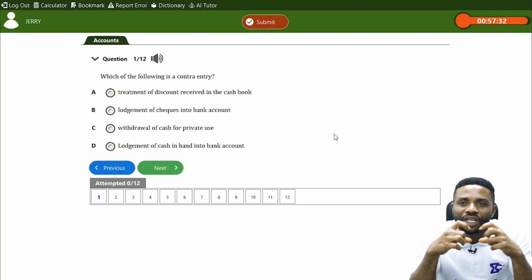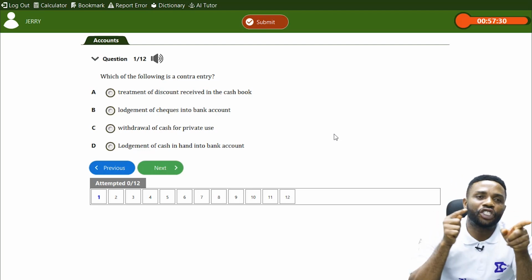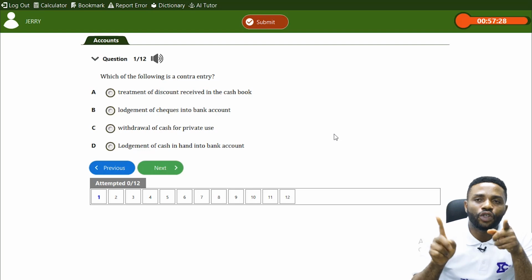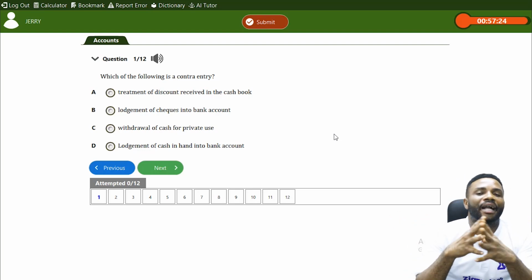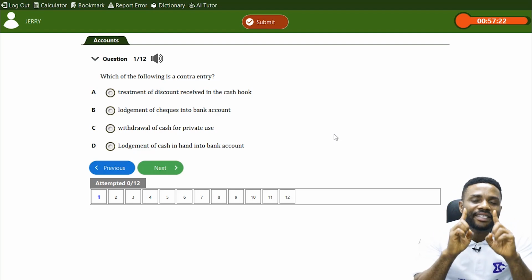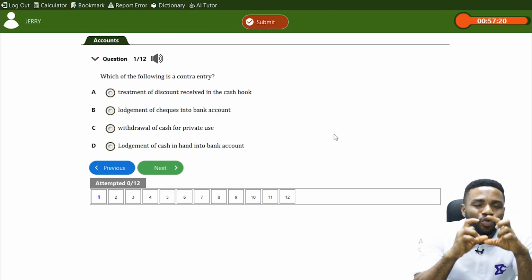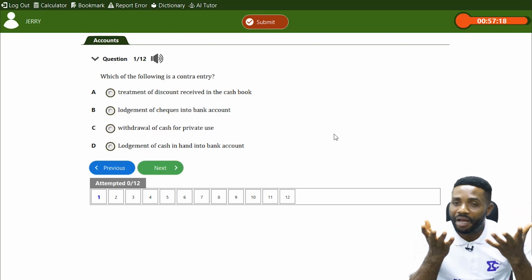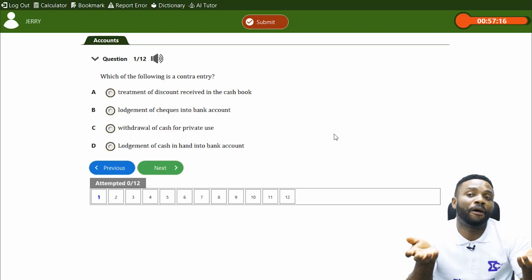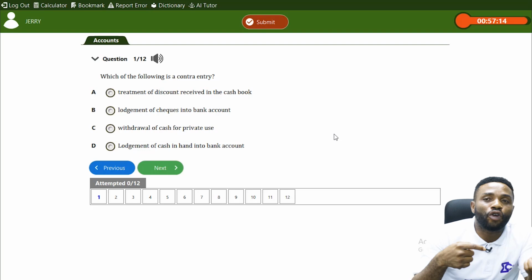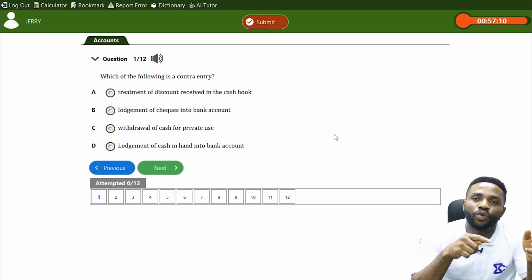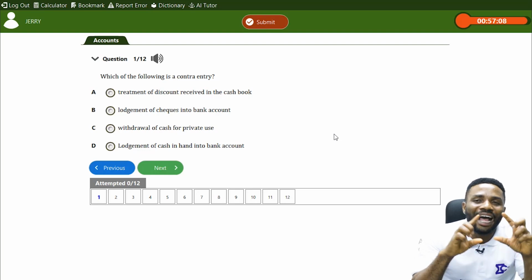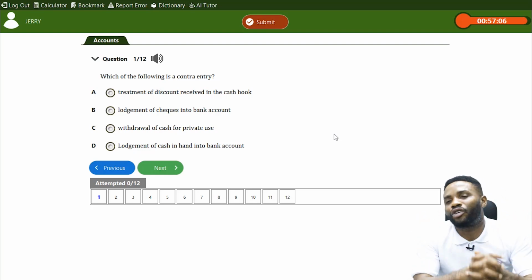Why is it going to be a contra entry? Because as cash is reducing, bank is also increasing. So that single transaction affects 2 accounts. So whenever a single transaction affects 2 accounts, it is contra. Remember what we have said in control account, where the creditor becomes a debtor and the debtor becomes a creditor. So in cash book too, whenever a single transaction affects 2 accounts, it becomes contra automatically.